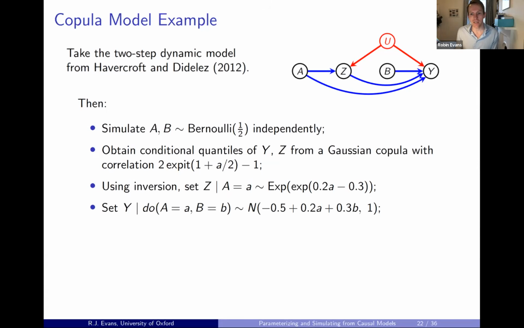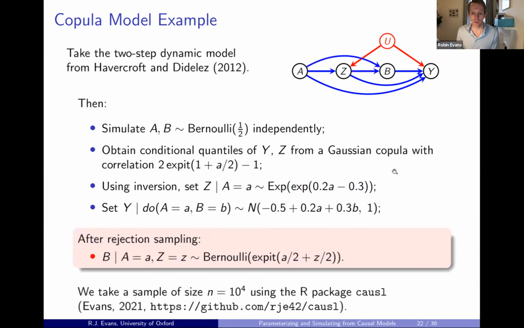So I know exactly what form Y has, but that's not what I wanted, right? I wanted the observational distribution. So I need to do some rejection sampling. What I'm going to do is take the ratio of the distribution I want for B, which is this logistic regression with this probability of being equal to 1, and divide it by the probability it was actually equal to 1 in the sample, which is the same as multiplying by 2.